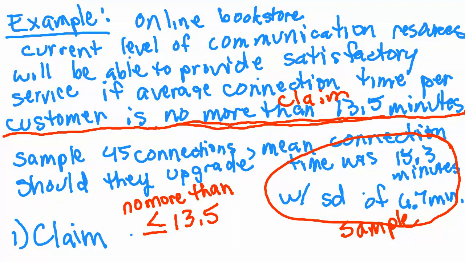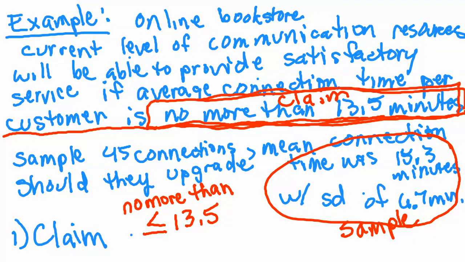It means you can have 13.5 or less. Now, we still don't have the hypothesis, but you have to learn how to translate these words into math. And no more than means less than or equal to. Now, since that has the equal sign, that tells you right away which hypothesis it is.